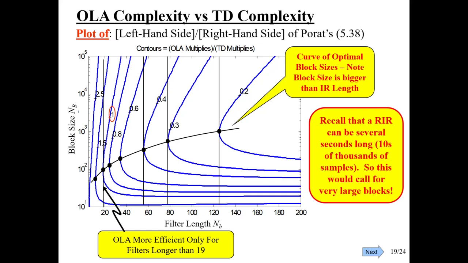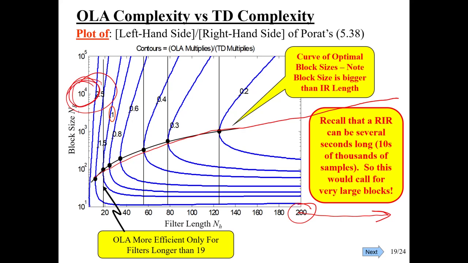For audio, though, that's not good. And remember, we're talking about implementing room impulse responses, not 200. We're talking about maybe 40,000, 100,000, 200,000. So as we go way out here, this curve does level off some, but it does keep going up. We're going to be getting to block sizes that are pretty big. That's a quarter of a second right there.